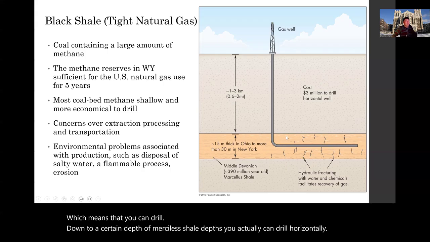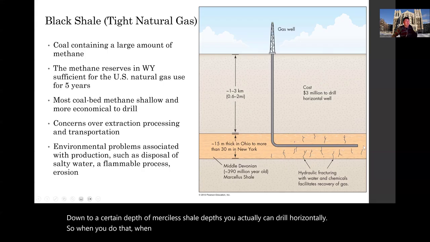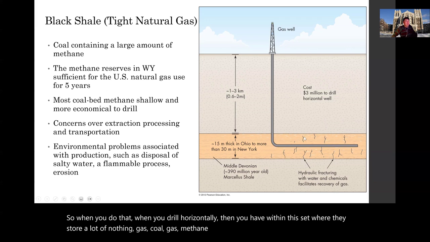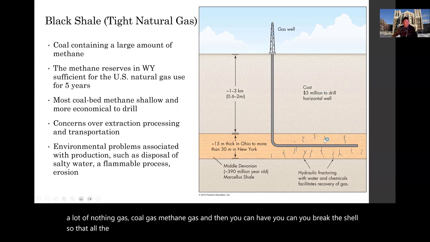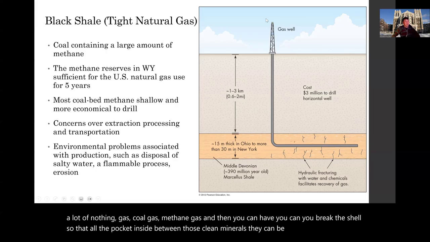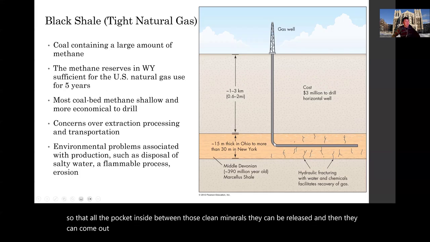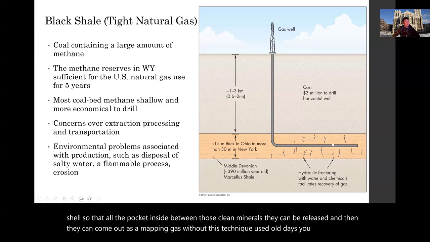When you drill horizontally within this bed where they store a lot of methane gas, you then break the shale so that all the pockets between those clay minerals can be released, and then they can come out as methane gas. Without this technique, in the old days, you could not tap those gases.